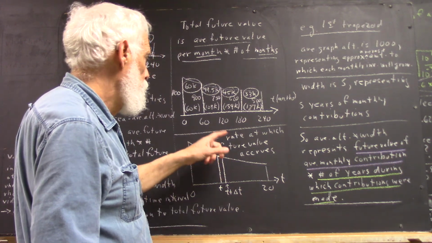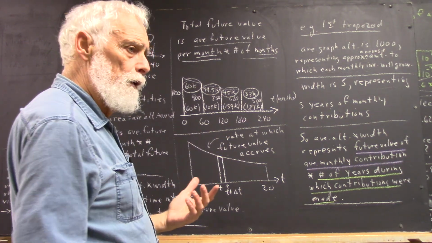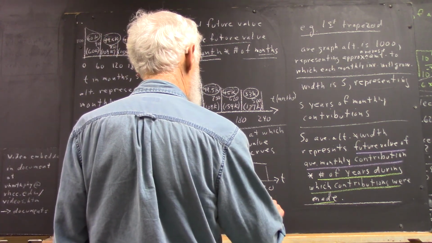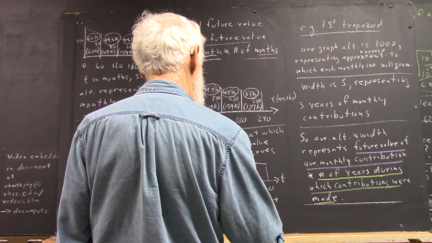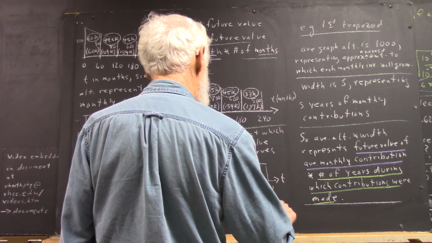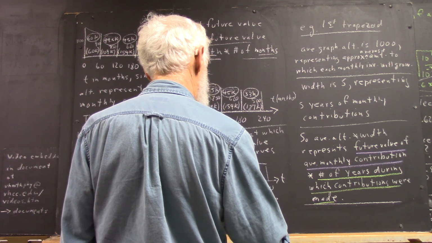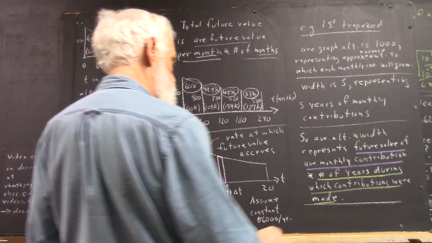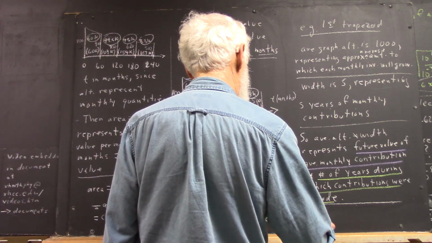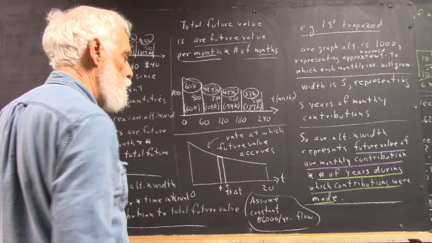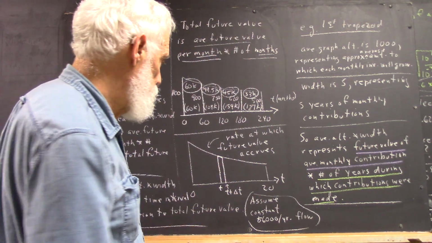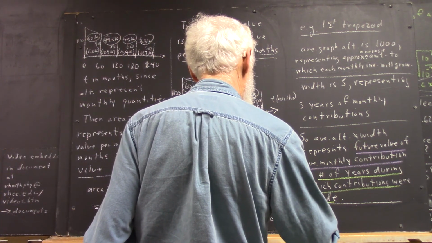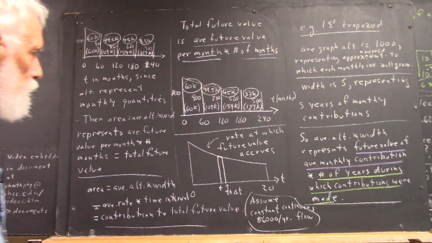contribution. So the rate at which future value accrues will depend on the constant $6,000 a year flow of money into the account, a continuous, constant continuous $6,000 a year flow.